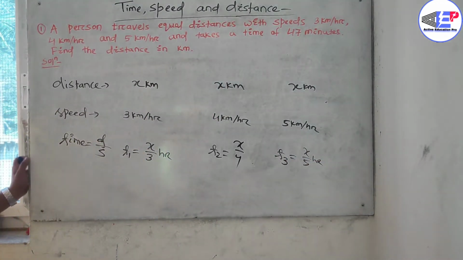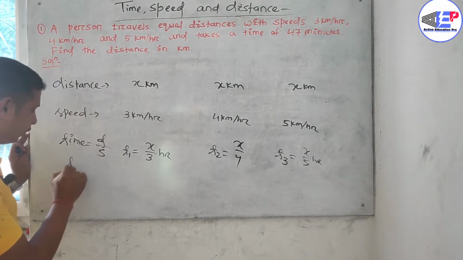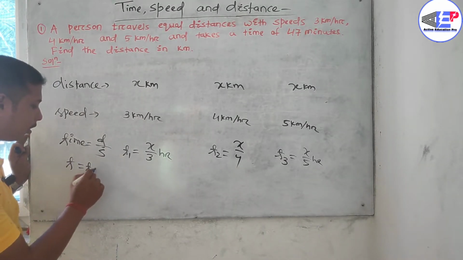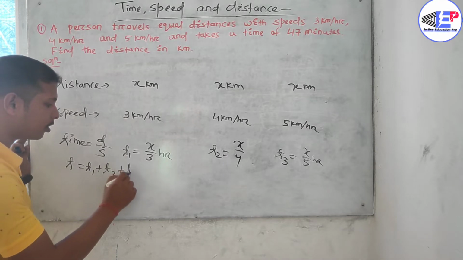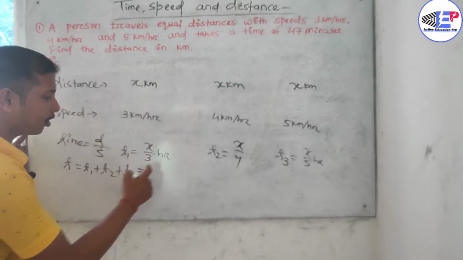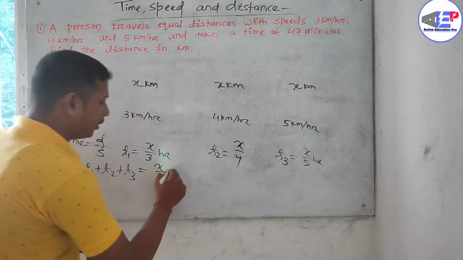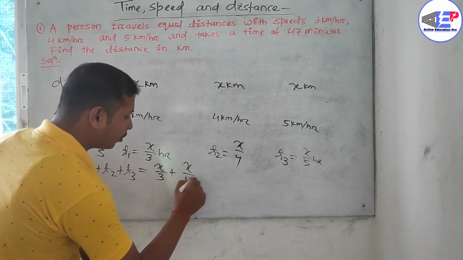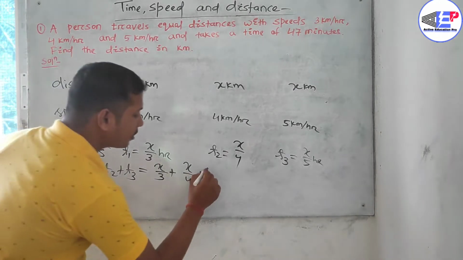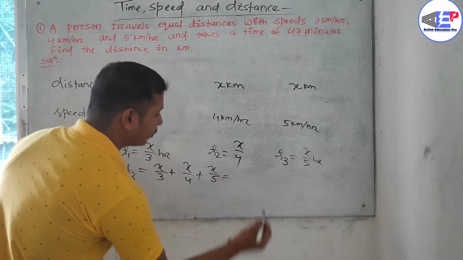So the total time t will be equal to t1 plus t2 plus t3. Here t1 is x by 3, t2 is x by 4 and t3 is x by 5.